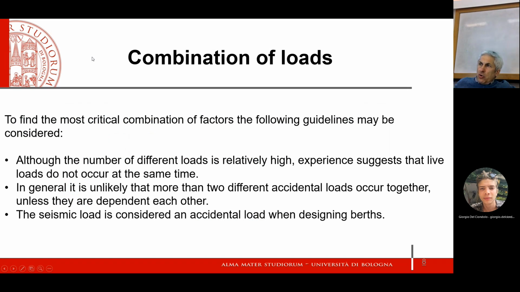I already talked about combination, and it is not easy to understand how to combine the loads, in particular the extreme loads. I already talked about dependence, and let's say something more, because this is a problem where the regulation may indeed play a key role. In fact, I suggest that you use the following guidelines.